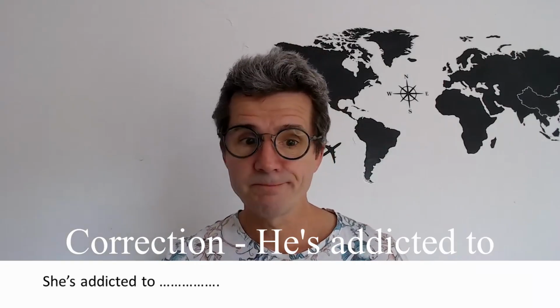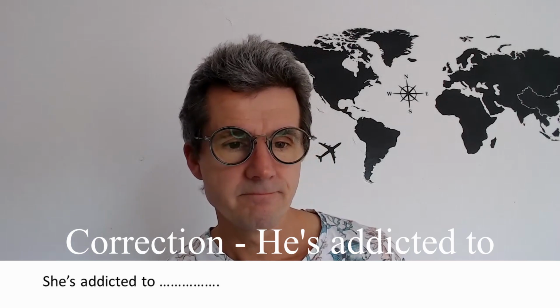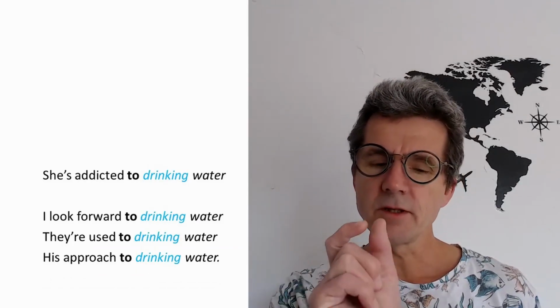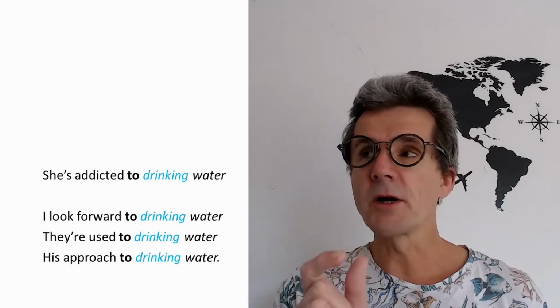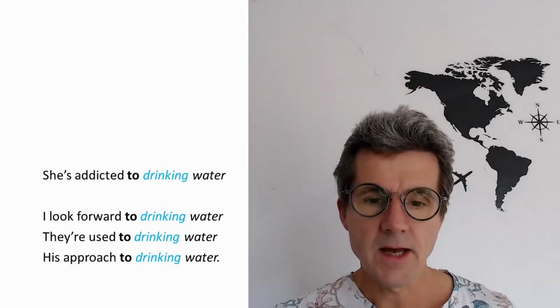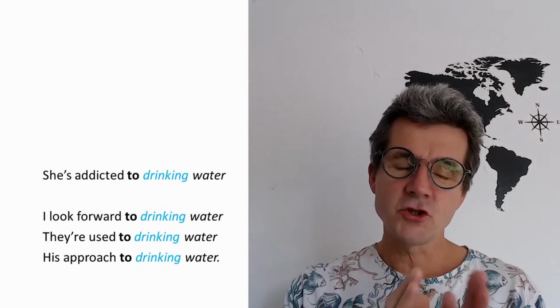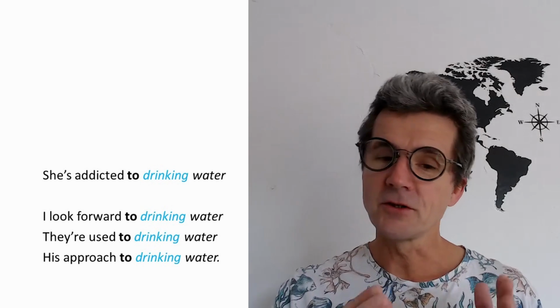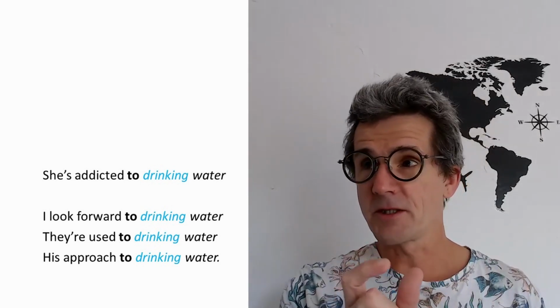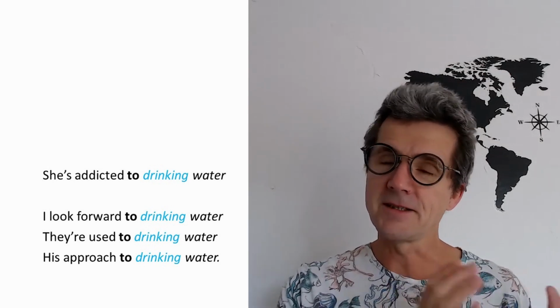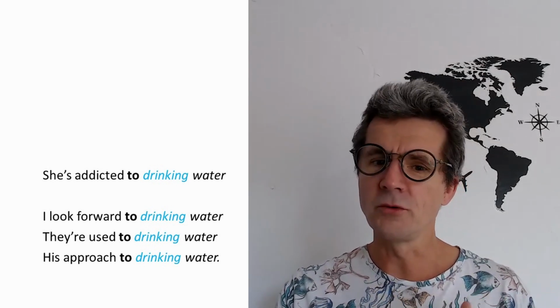She's addicted to. She's addicted to drinking water. So this to, it's called a preposition and it wants a type 4 after it. To is a little bit tricky in English because sometimes it's a preposition, sometimes it's linked to the verb, like decide to, want to.